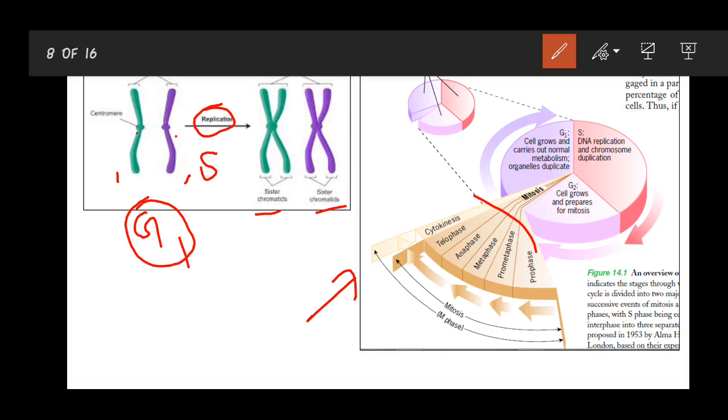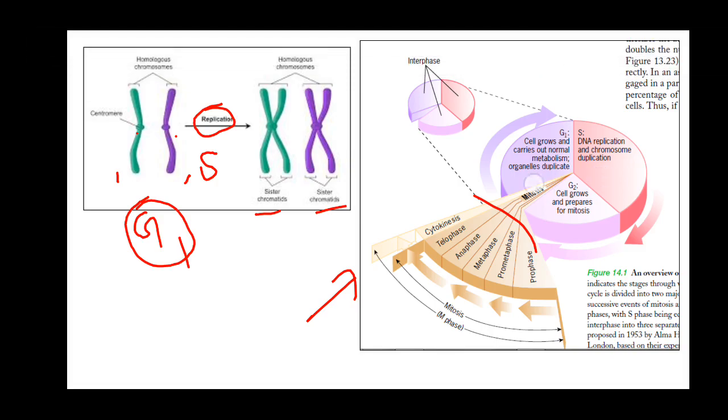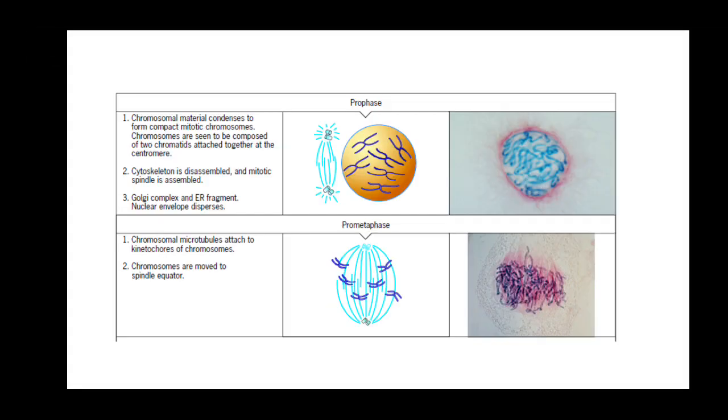It is at these phases that we have the important events which should be connected to our genetic problems. So keep in mind, we'll be discussing these two phases in detail, metaphase as well as anaphase, both in mitosis as well as in meiosis. So we'll begin this session on mitosis and meiosis.